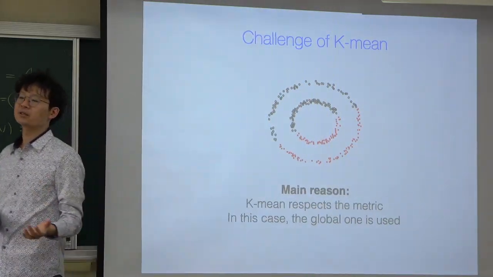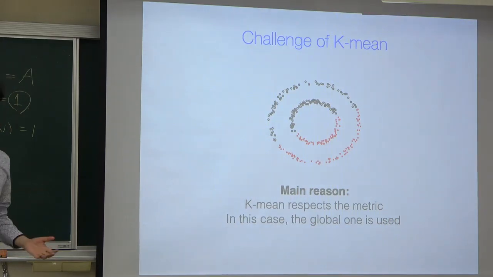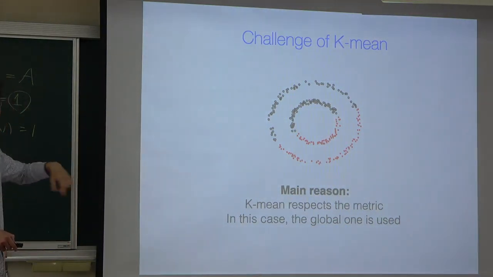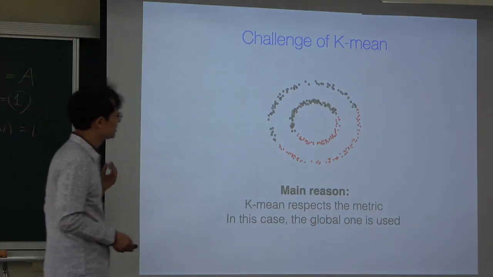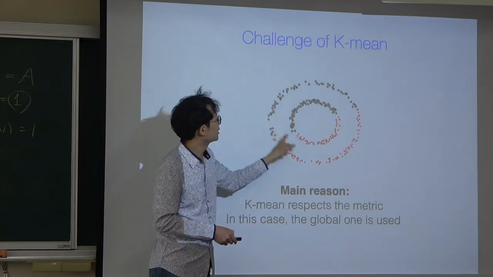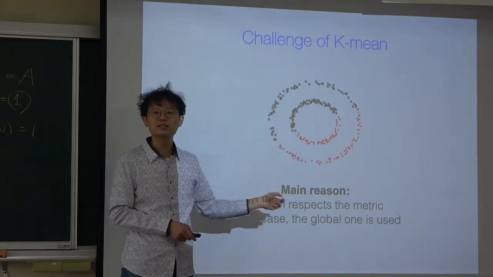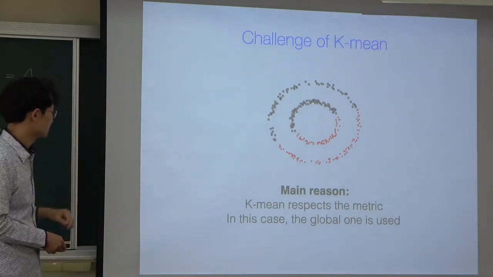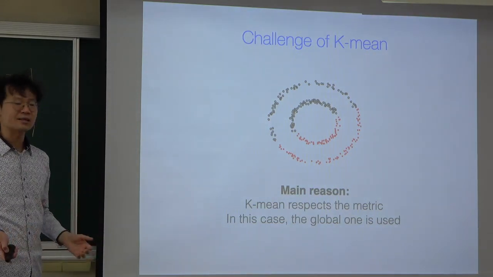Because the k-means algorithm respects the metric you use. And the metric we use here is actually the global Euclidean distance. So it cannot tell you any intrinsic nonlinear geometry inside the Euclidean space.